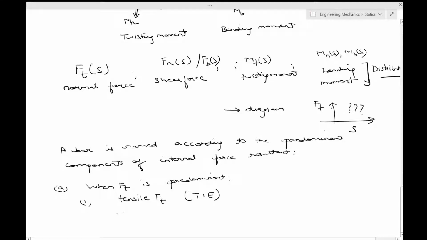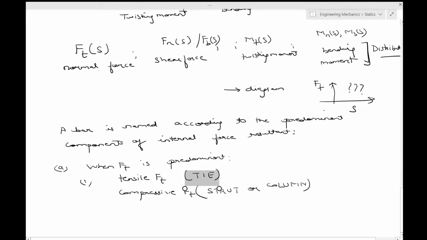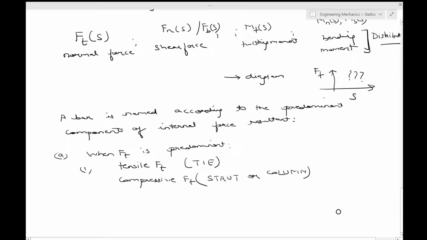If it's a compressive Ft, it is called a strut or a column. Most of the buildings are constructed around columns, and they are naturally under compression.